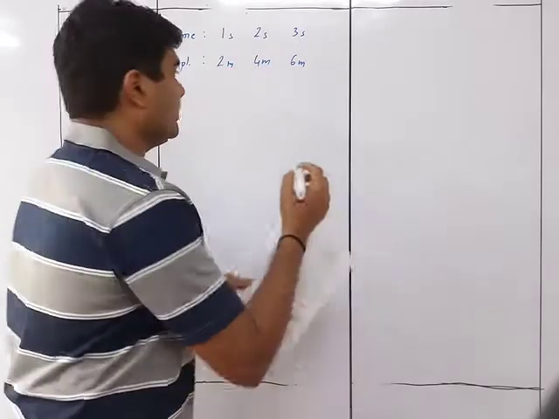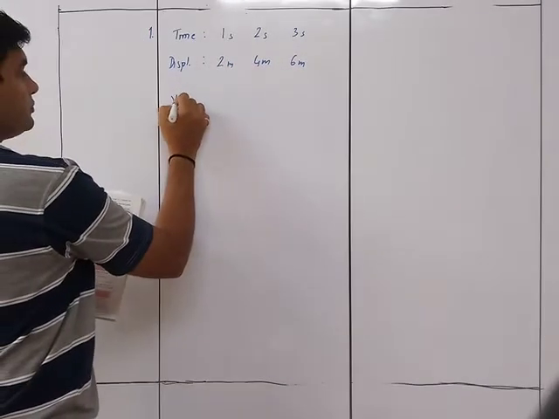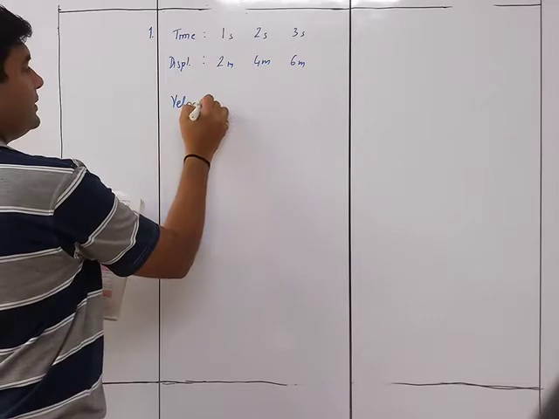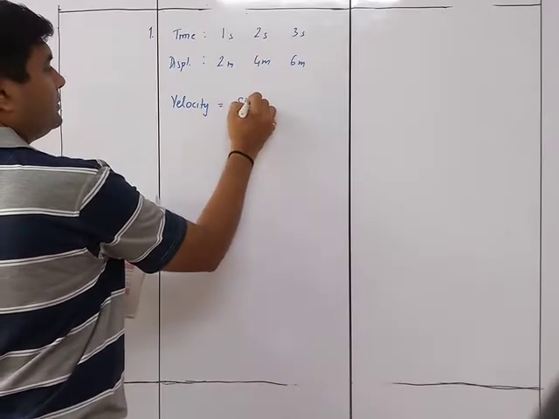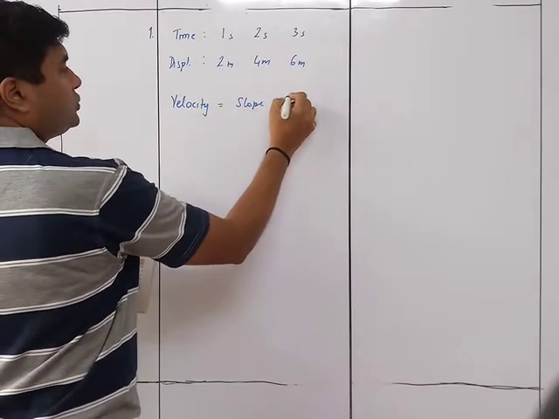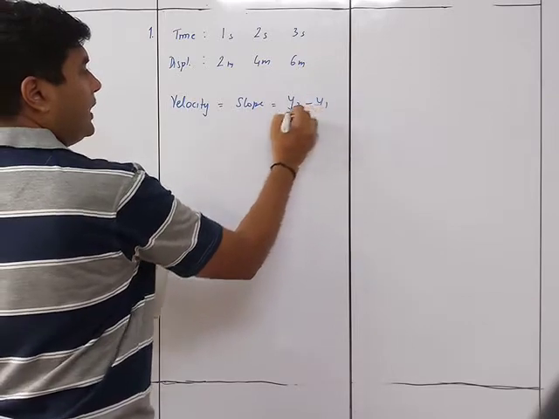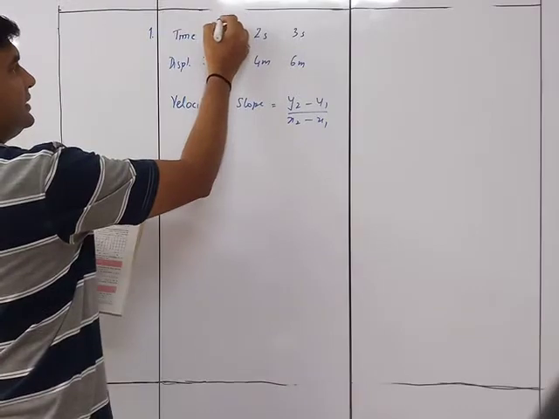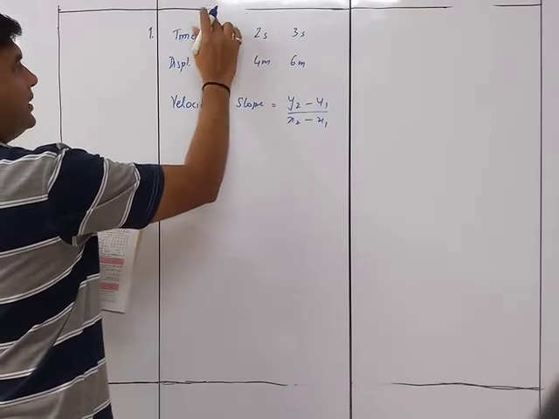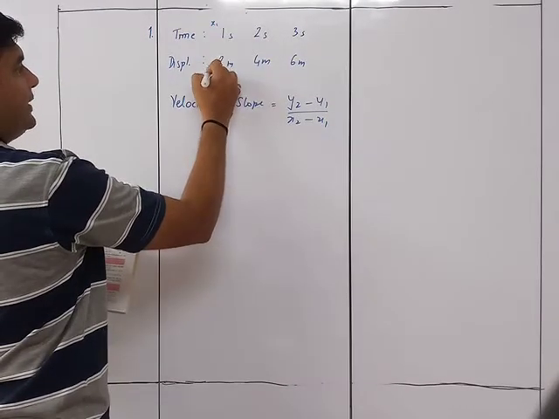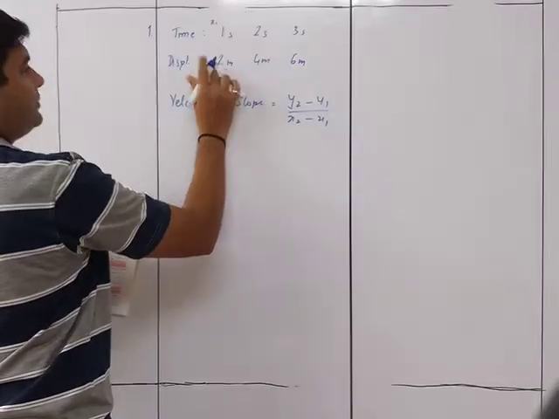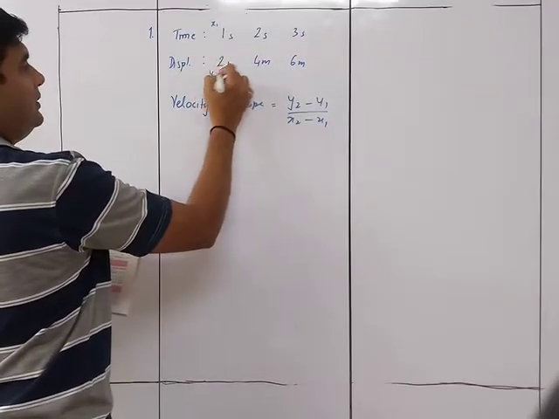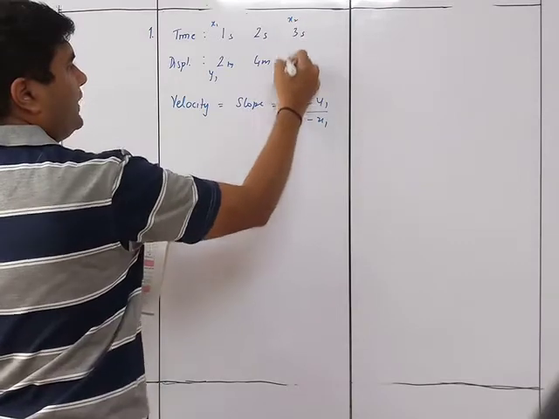That velocity will be, now velocity is equal to slope, that is equal to y2 minus y1 upon x2 minus x1. We'll take this as x1 and y1, and this as x2 and y2.